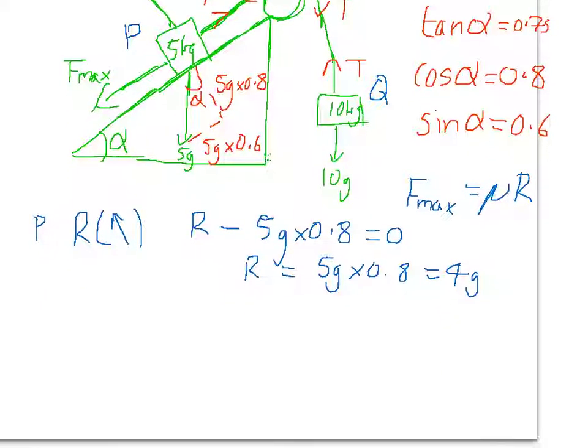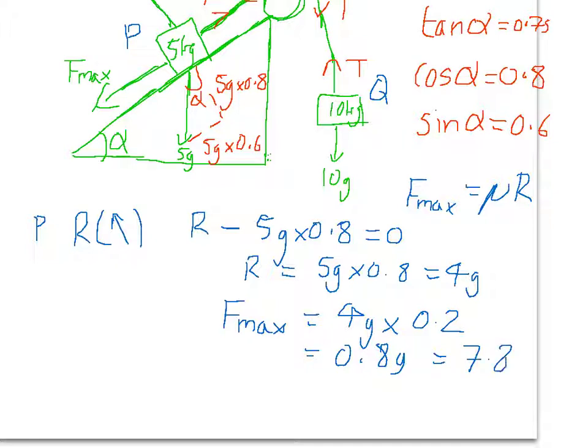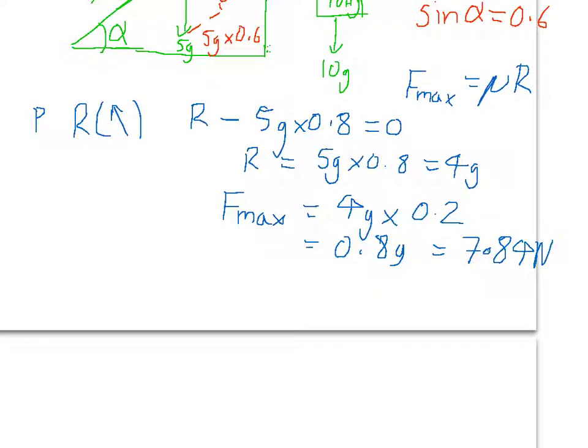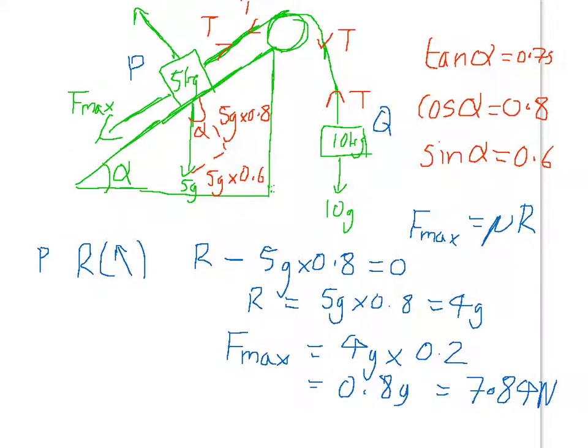To calculate friction max, we use the equation I've just identified and times it by the coefficient of friction, which we were told was 0.2. So friction max is equal to 4g times 0.2, which is 0.8g, or equal to 7.84 newtons.